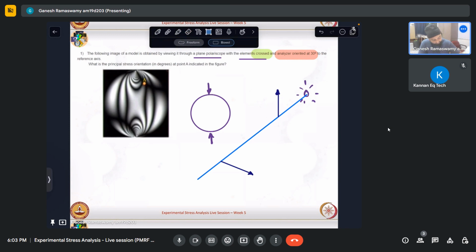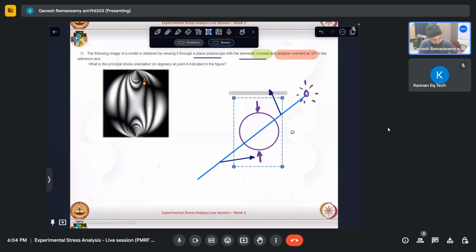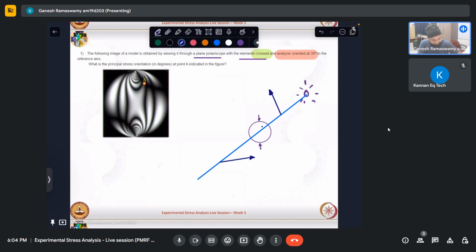So essentially what that means is, we have rotated this by 30 degrees and we have rotated this by 30 degrees and they are still kept crossed and the model comes in between and we are looking at some point A, and this is 30 degrees. This is the datum. So this is kept at 30 degrees.